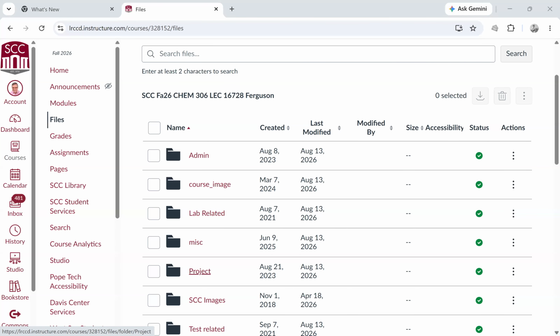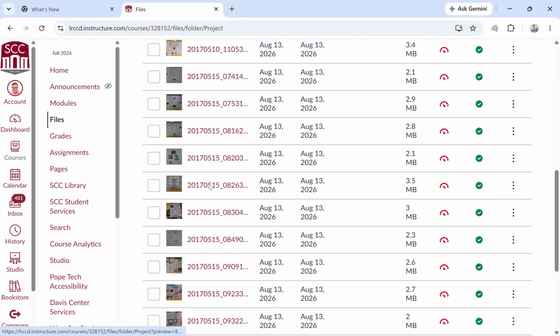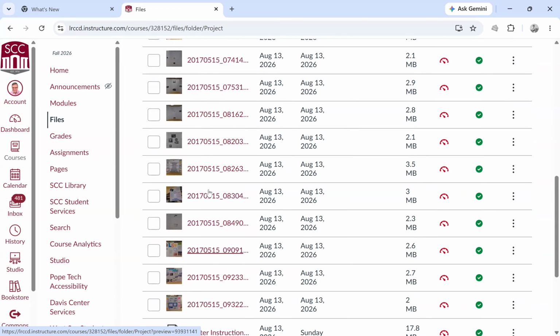Okay, Brianna, regarding the project, if you go over to share, if you go to project under files, these are examples, mostly good, some are not so good, of past.